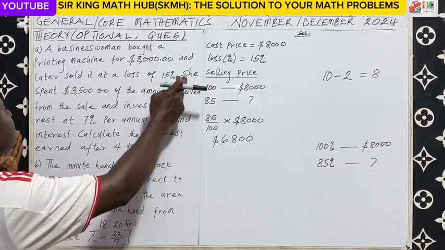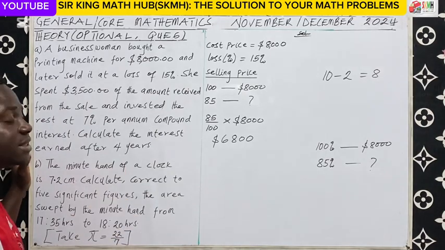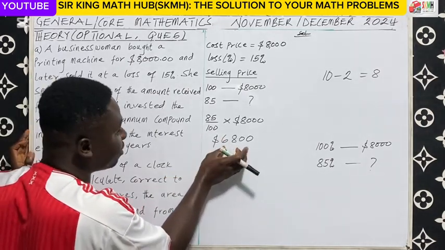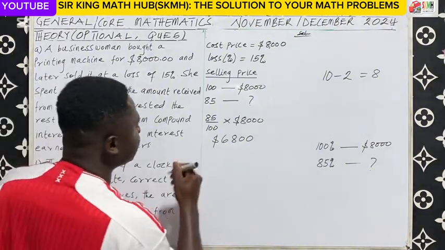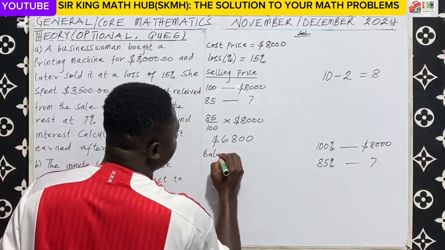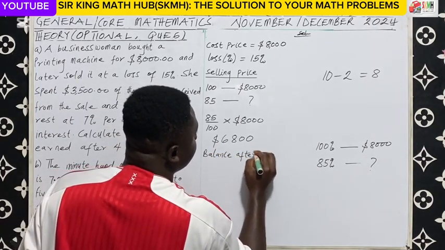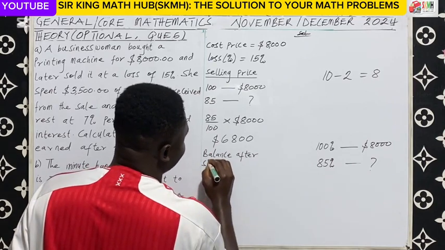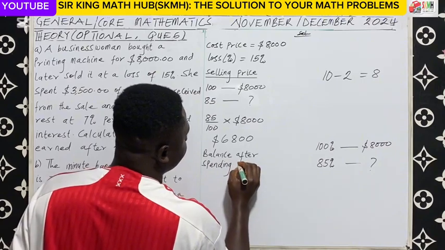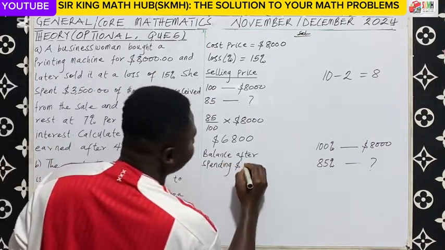Now again, she spent $3,500 of the amount received from the sale. So she spent $3,500 from this amount. So let's calculate her balance. So her balance after spending $3,500.